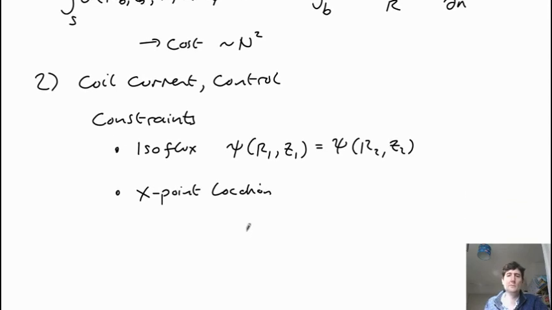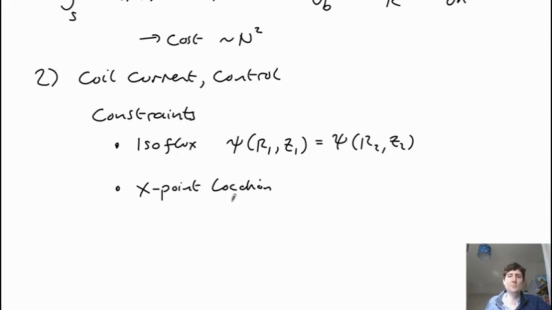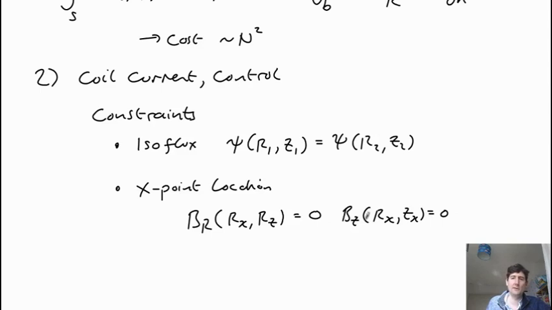If you have an X point, you have no poloidal magnetic field at that point. So you're saying that BR at some location Rx, Zx is equal to 0, and BZ at the same location is also equal to 0. So there's no poloidal magnetic field at that point.